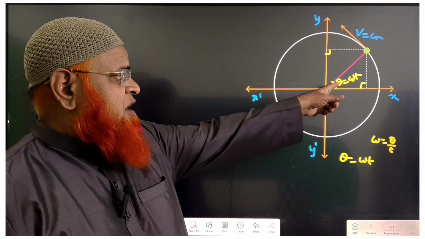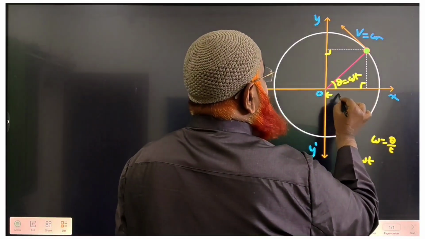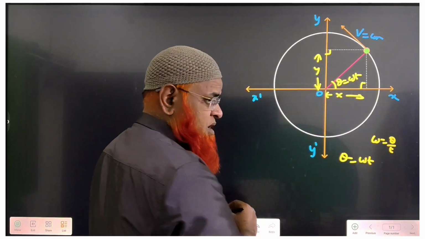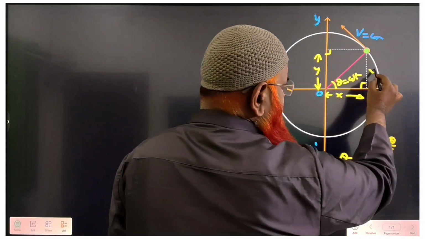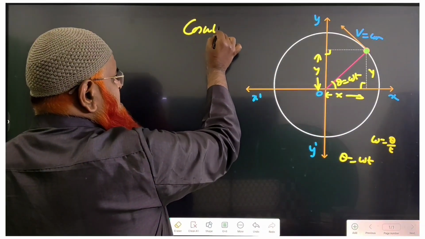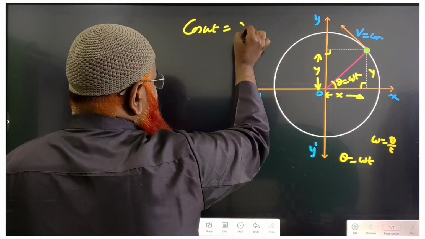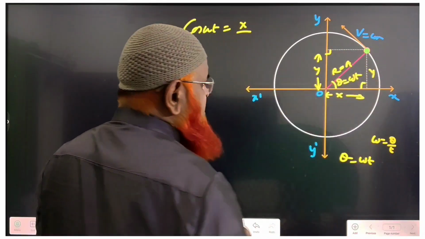So therefore, if this is sine omega t, now let us take the distance from here to here as x and this distance as y here. So if this is y, this is also going to be y here. Now let me write here cos omega t, which is taken as this angle, and the adjacent side is x, and this is going to be the radius, also called the amplitude.